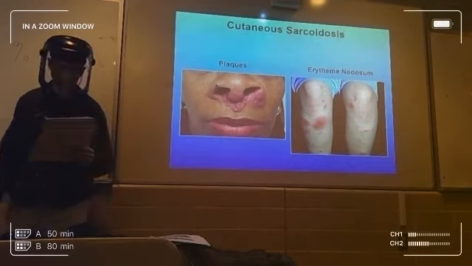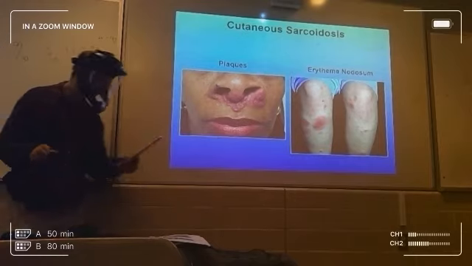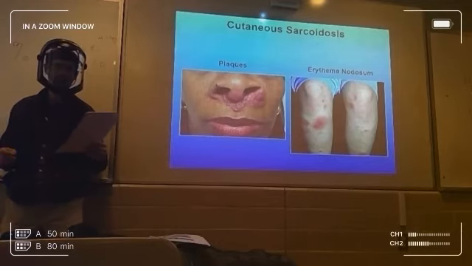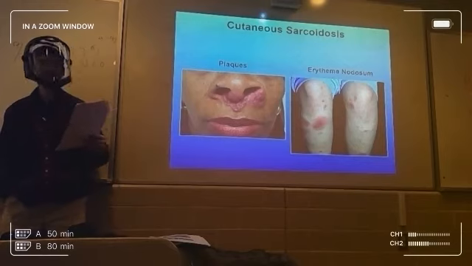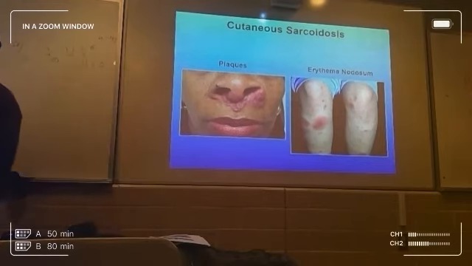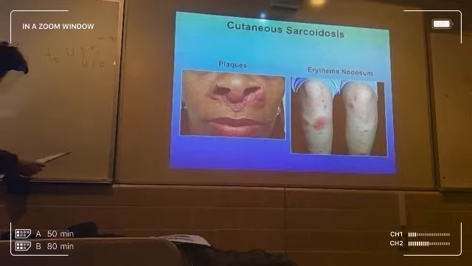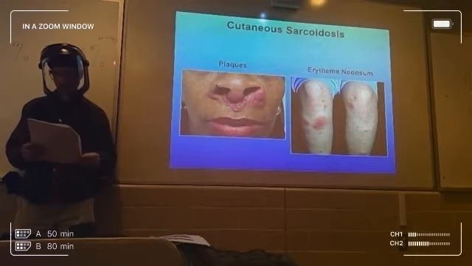Lymph nodes are commonly involved, the hilar lymph nodes of the lung, some of the trachea. Again, 75% of the cases involve those lymph nodes. About a third of the time, the lungs are involved. And that's where the scarring develops that causes that reduction in the forced vital capacity. They can present with shortness of breath and a dry cough. There might be very little symptomatology associated with it. Again, it's an indolent process.